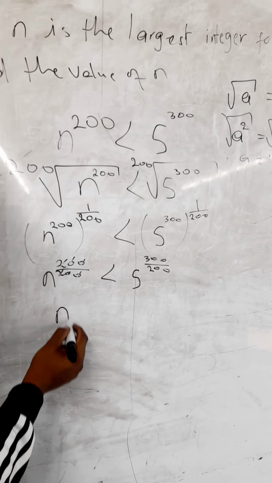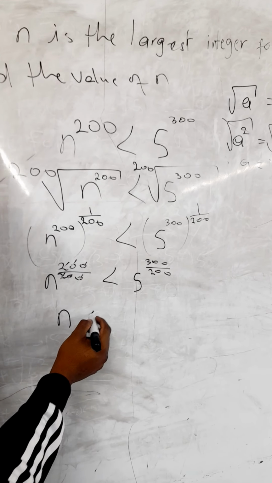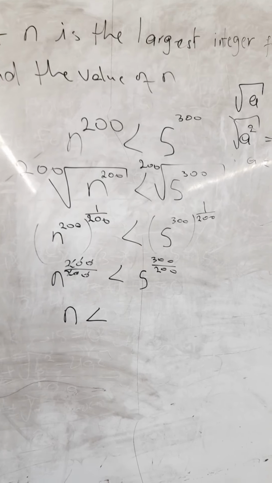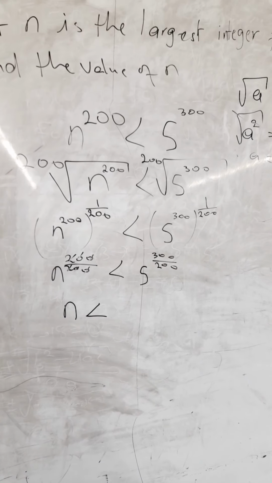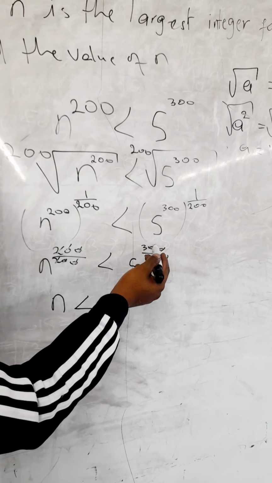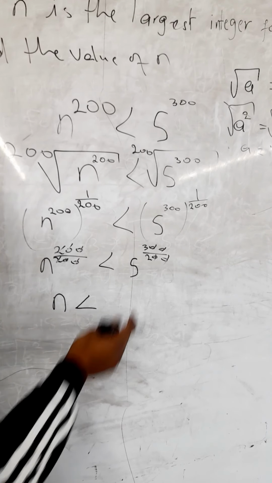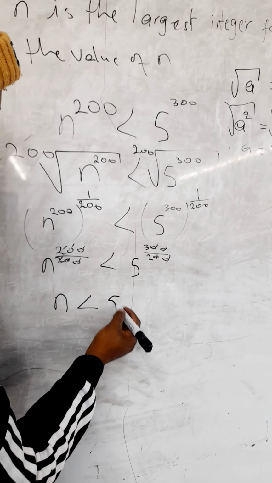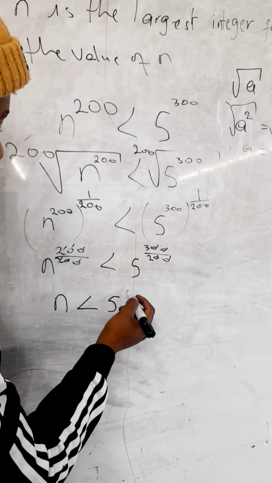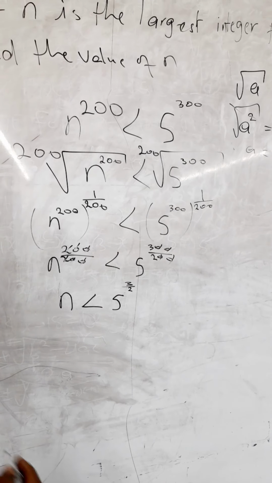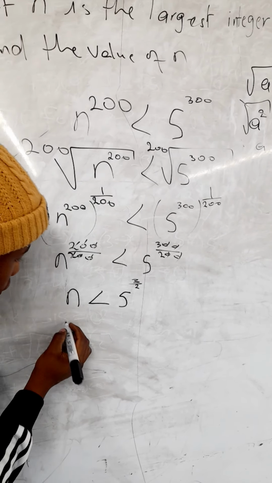We'll have our n less than 5 to the power of 3 over 2.